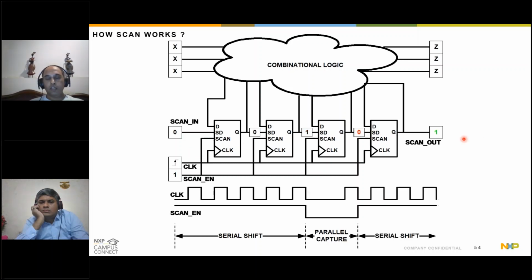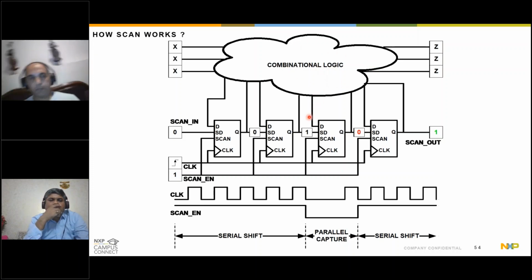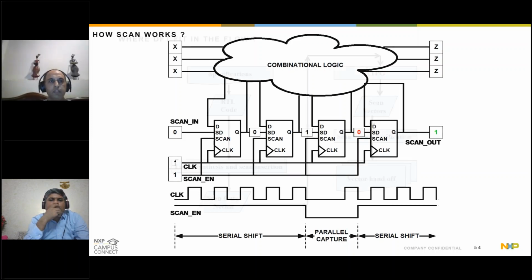After the 4 clock cycles, the state of the 4 flops is available outside, and now I can compare the state of these 4 flops against what should have been the correct state. If there is any mismatch, that means some of the circuit has gone wrong inside the chip. So scan is a very popular technique using which we are able to make every node in your design completely controllable and observable.